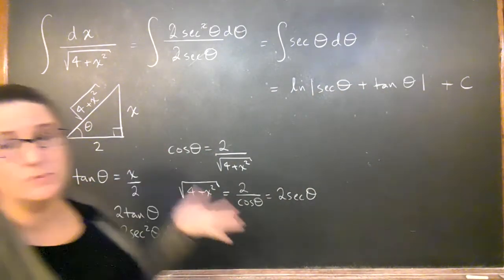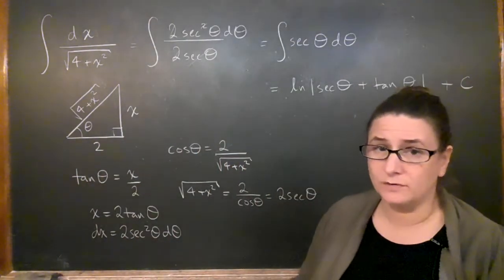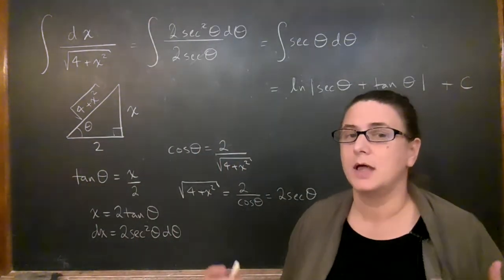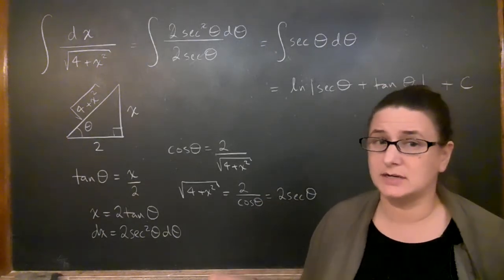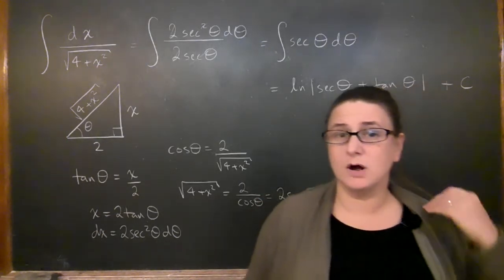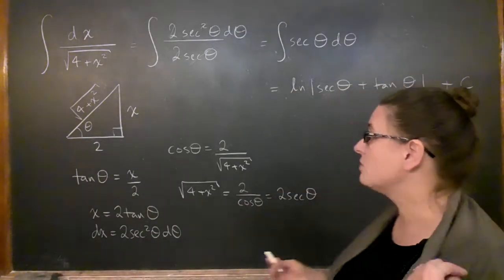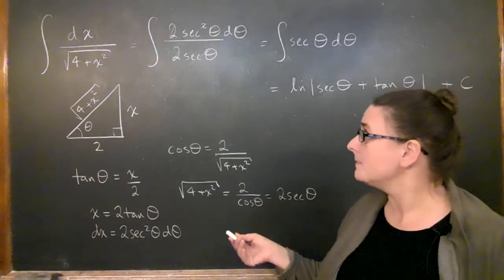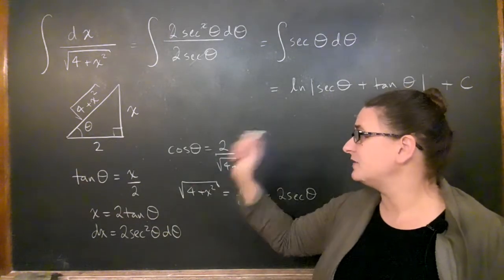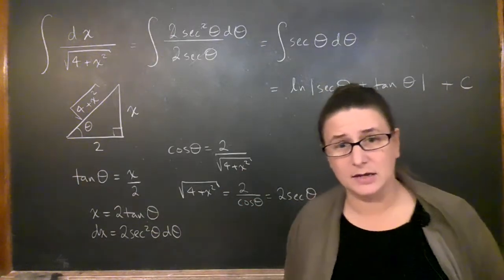But one really nice thing about doing it by writing down the triangle first, rather than trying to memorize the substitutions and then write down the triangle later, is that you already have the triangle, okay? If you just remembered that the substitution you were supposed to use was 2 tangent theta, you would still have to figure out the triangle at the end when you have to substitute back in for x.